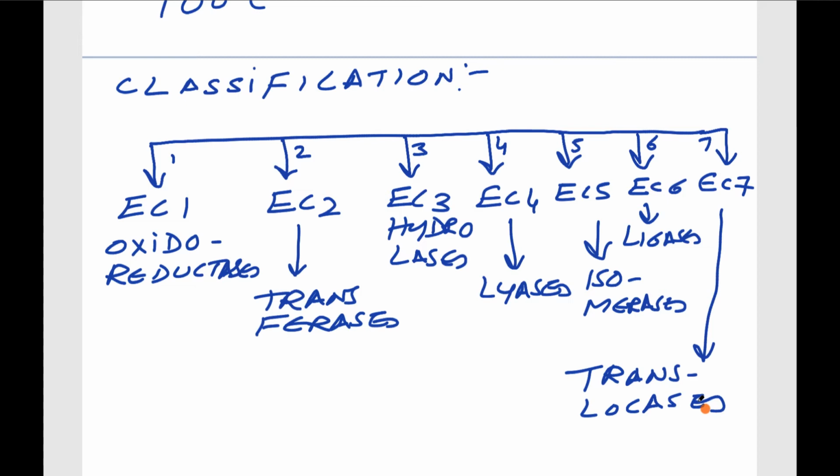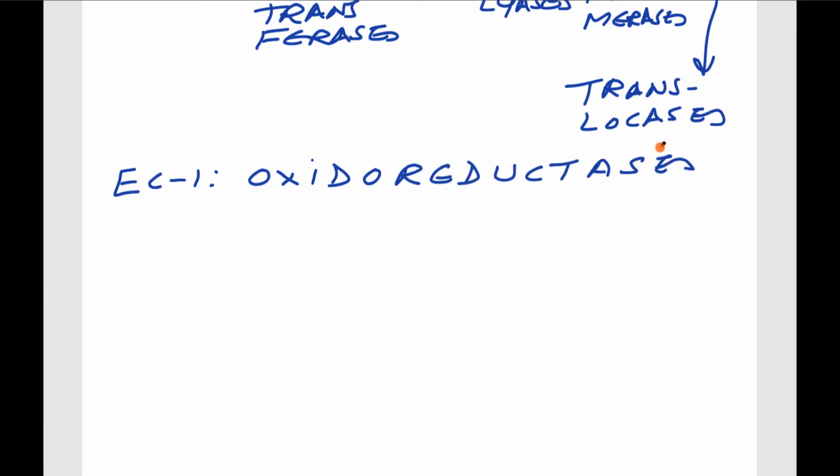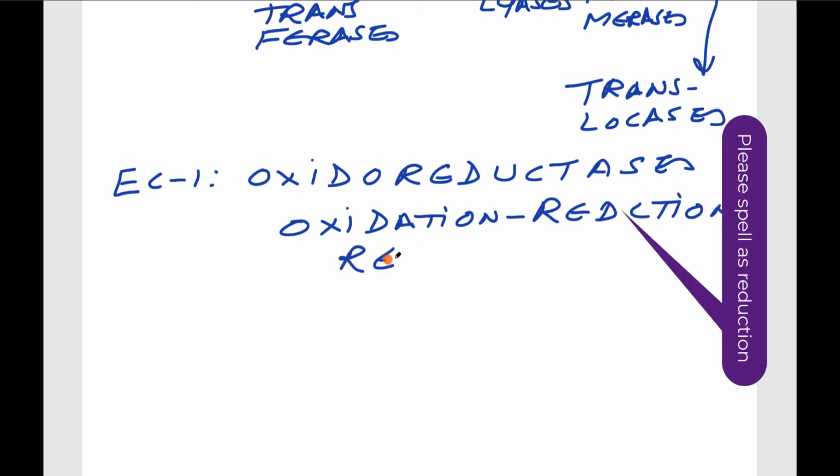Now, we'll take up one by one. The first one is EC1. What is EC1? Oxidoreductases. They catalyze oxidation reduction reactions.